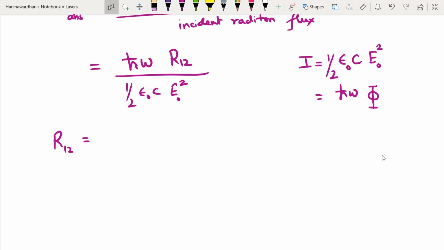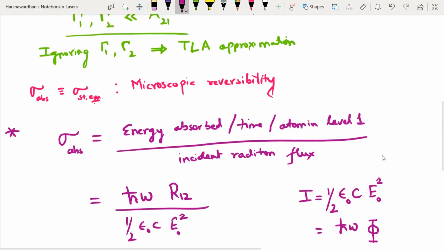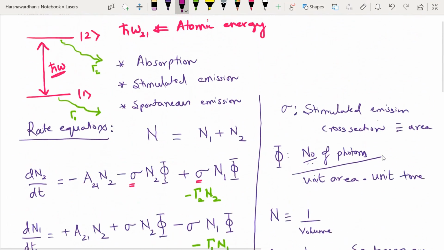So absorption rate essentially can be captured by this particular quantity, where e is the charge, R12 or R21 if you like. This is the dipole moment associated with e times r. That was the dipole moment associated with the transition of the atom going from 1 to 2, right?